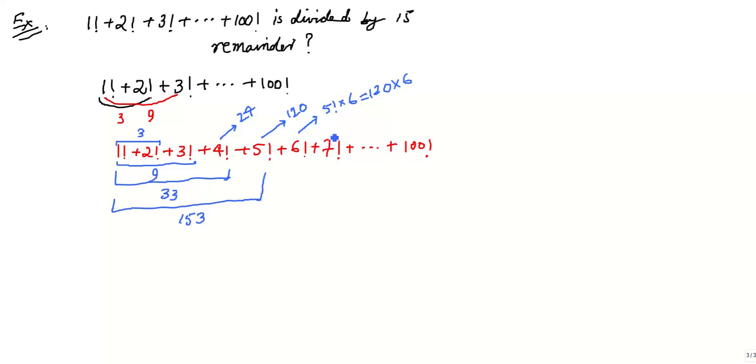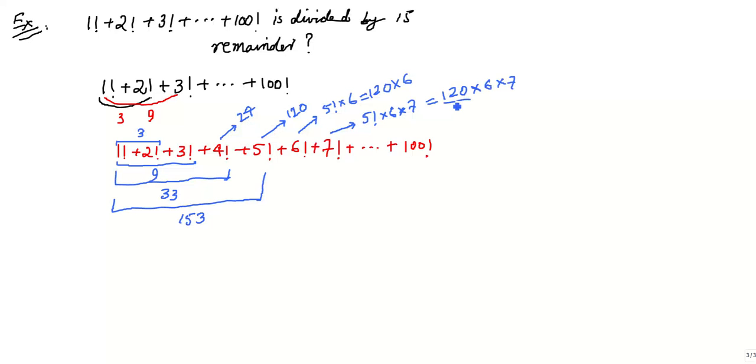Okay. So, look at 7 factorial. 7 factorial is 5 factorial multiplied by 6 multiplied by 7, and 5 factorial is 120. So, 120 times 6 times 7.